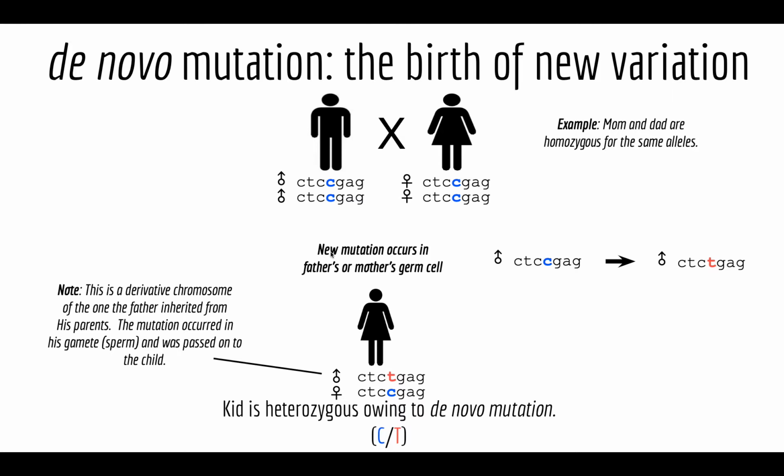That sperm is the one that goes on to fertilize an egg that has one of these two haplotypes from mom. And now that zygote goes on to form their daughter. This individual is now heterozygous, and we know that this is a de novo mutation because we can look back. If we had DNA from mom and dad and kid, we'd realize that this new T allele that arose on dad's sperm could not exist without mutation because mom and dad were both homozygous.